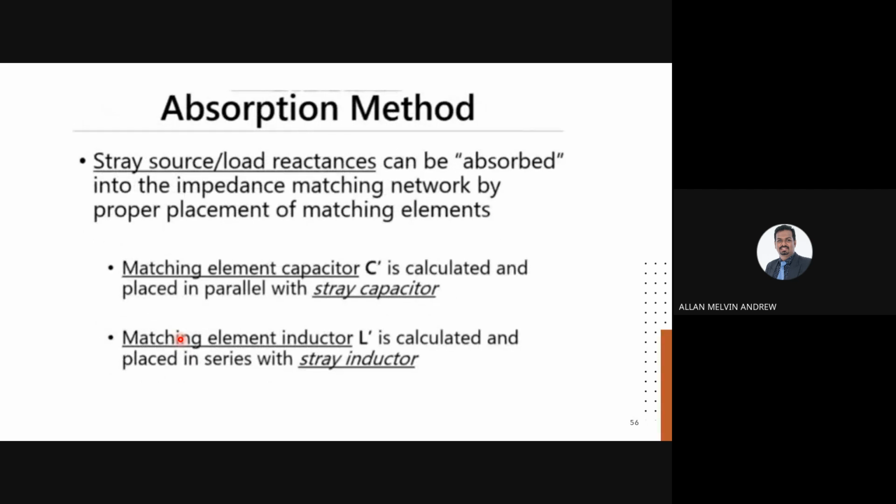Okay, so the absorption method. Stray source or load reactances can be absorbed into the impedance matching network by proper placement of matching elements. Meaning you want to combine a few components together and replace them with an equivalent component, so you need to calculate the particular value. Let's say you have a resistor of 100 ohm and a capacitor of, let's say, 10 farad.